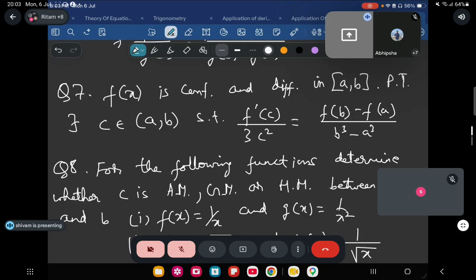Sarthak, can you identify 3c square? After differentiating which expression will we get 3x square? C cube, right? Very good. So we need to take g of x equal to x cube.